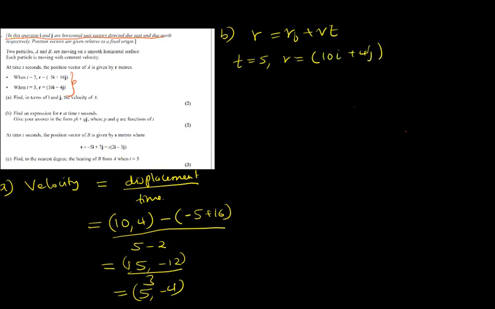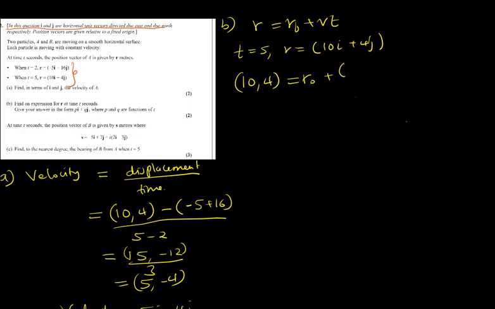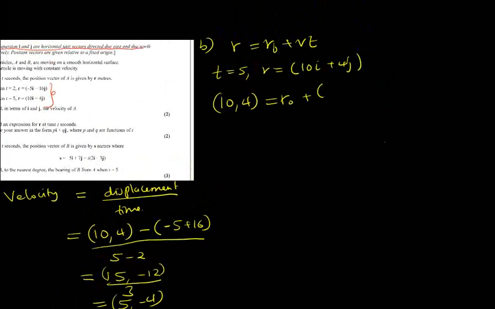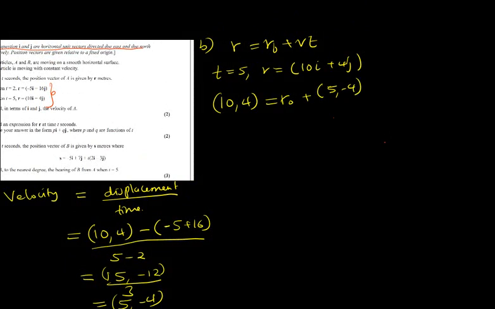So this is what I'll say: r, which is 10, 4, should be equal to r naught plus v, which is the constant velocity, and our constant velocity has already been given as 5, -4, and then multiplied by 5. Why am I multiplying by 5? It is because that displacement 10, 4 is when time is 5 seconds.